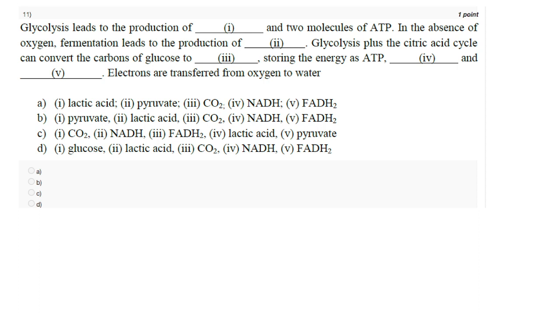Yes, chloroplast is found in plants. It is one of the organelles in plants, a specific organelle.